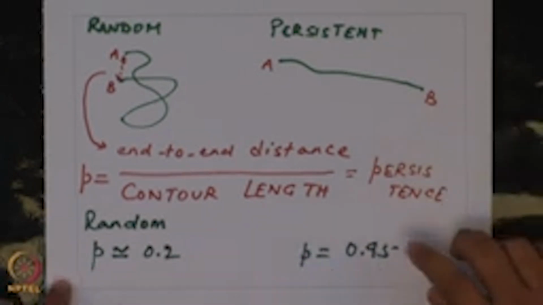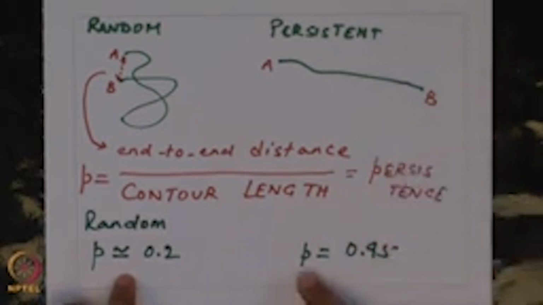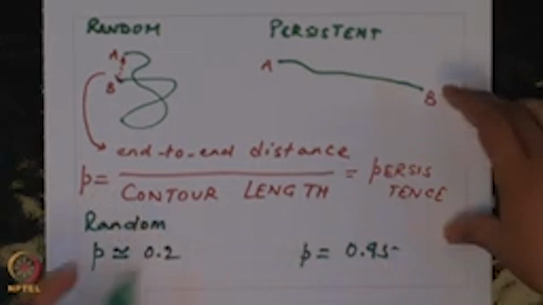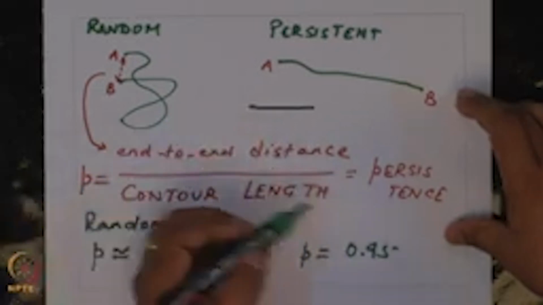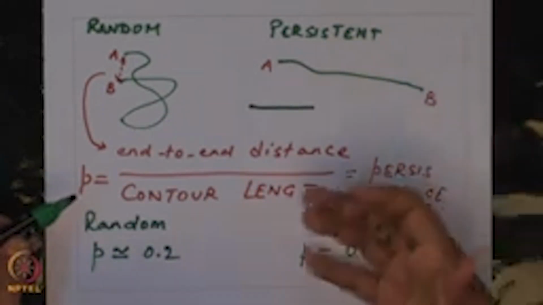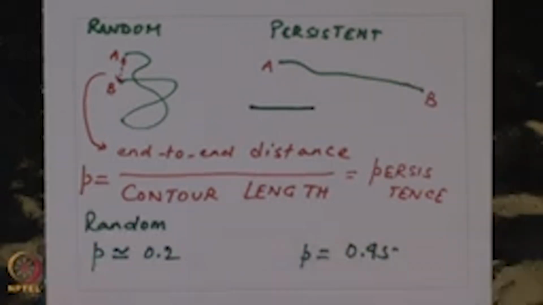So, you have a significantly greater value of P in the case of persistent migration compared to random migration. And this is obvious. The highest possible value of P is 1, because the maximum you can have is a complete straight line, where the contour length and the end to end distance are exactly the same. So, you have defined a ratio which is bounded between 0 and 1.